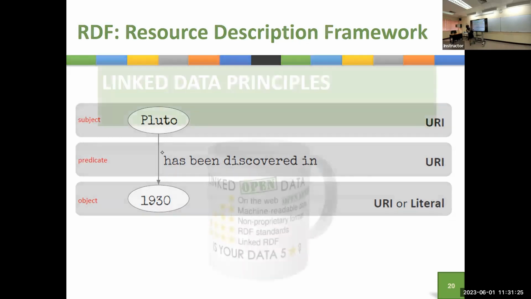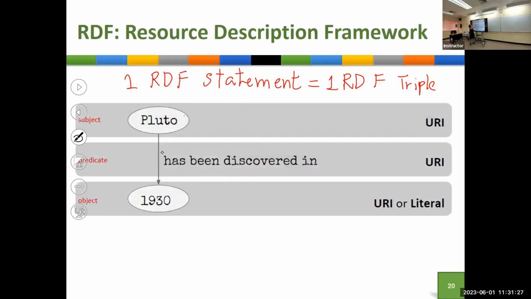In the next part, we will see that this is called the subject. Later on, we will have more detail. Subject, predicate. Predicate, you can think of it as a property, but the formal term is predicate.